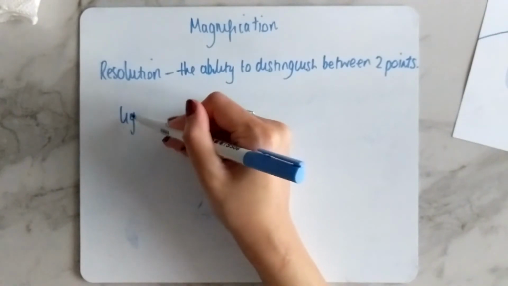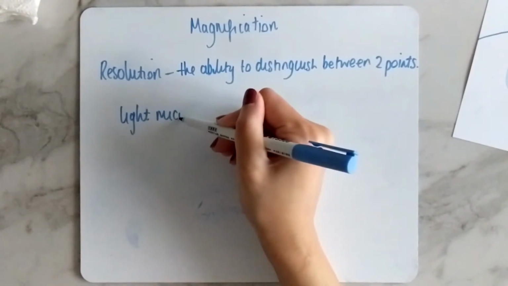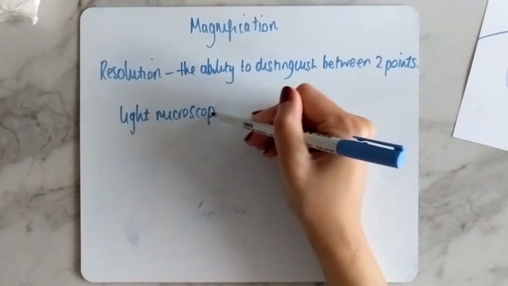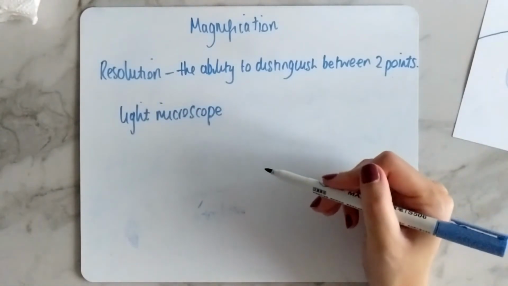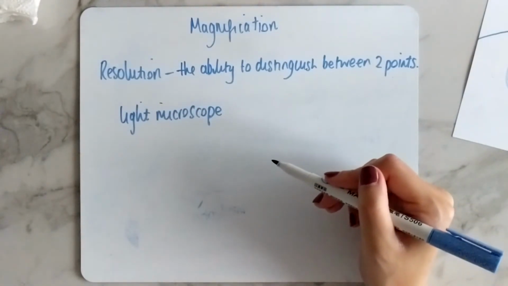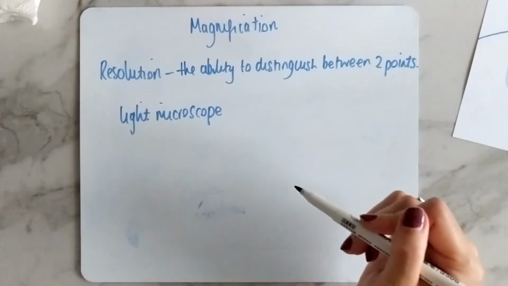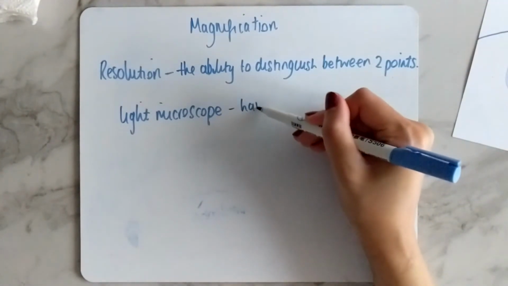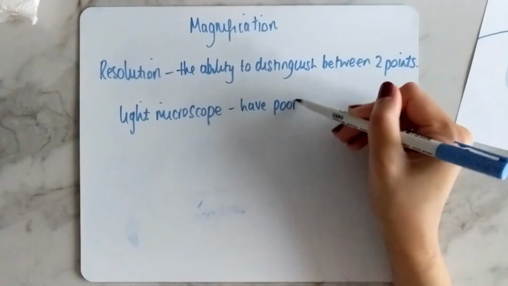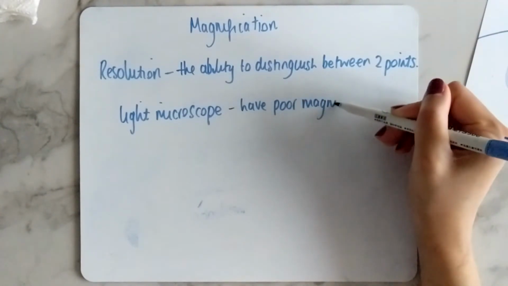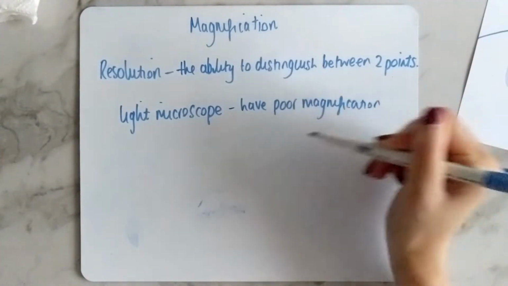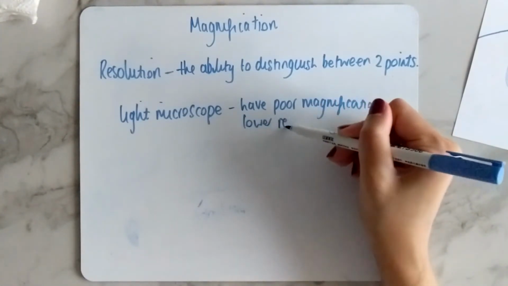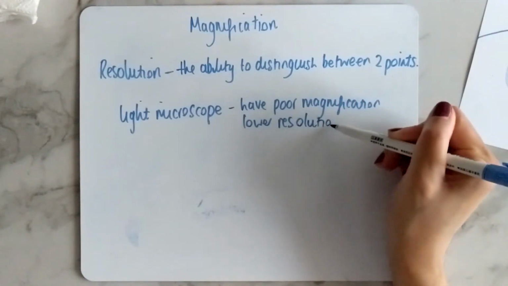So a light microscope is the one you tend to use at school, so you've probably done this practical with a lamp and a microscope and looked down and maybe looked at like a leaf cell or an onion cell. So light microscopes have poor magnification and a lower resolution than an electron microscope.